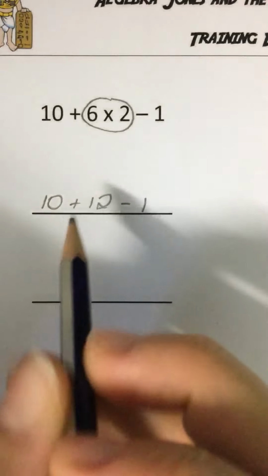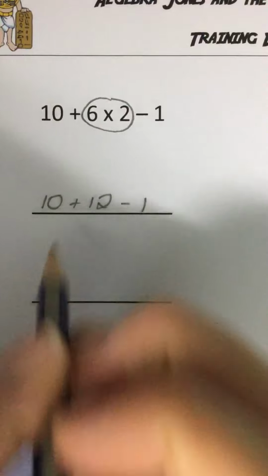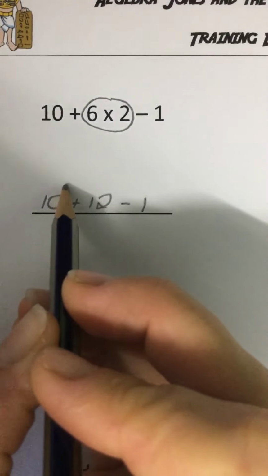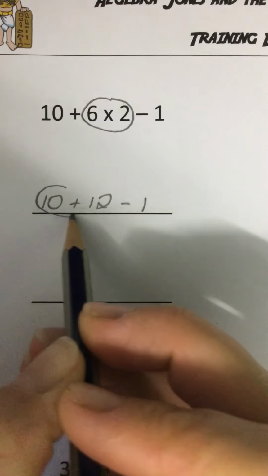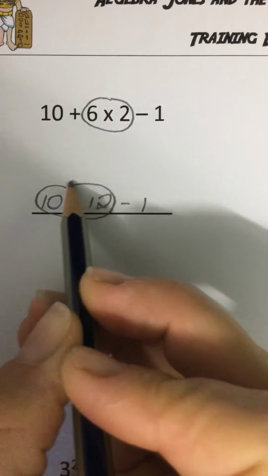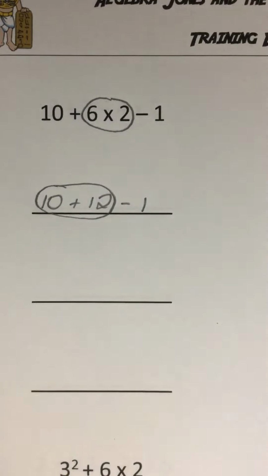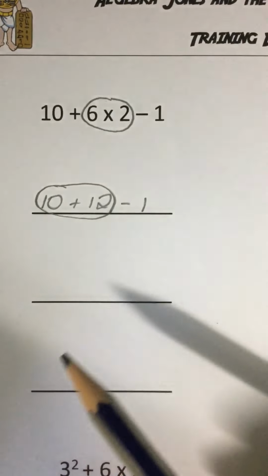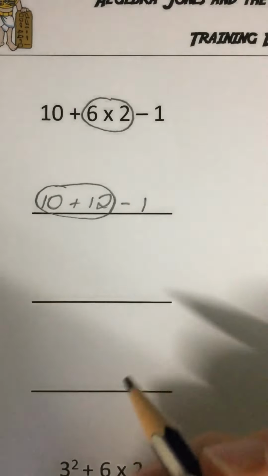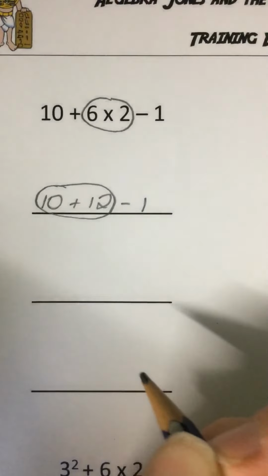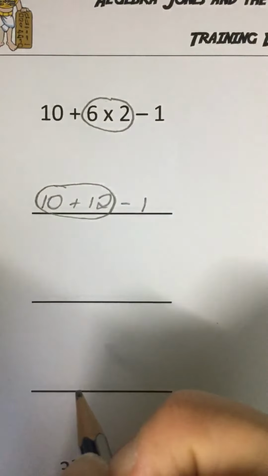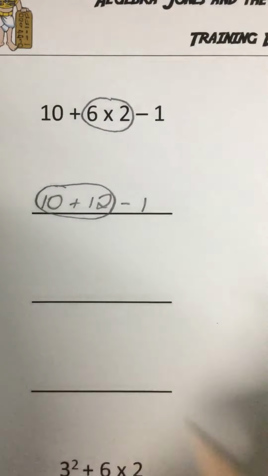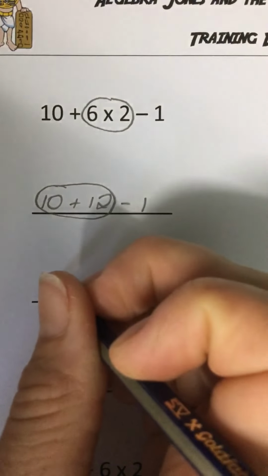So we'll see that our first operation we'll need to do is addition, because it is the first one from the left. So again, we'll circle that so we know which operation we're focusing on. And 10 add 12 we know is 22. So I'm going to rewrite that equation, substituting the number 22 for 10 add 12, because they mean the same thing.